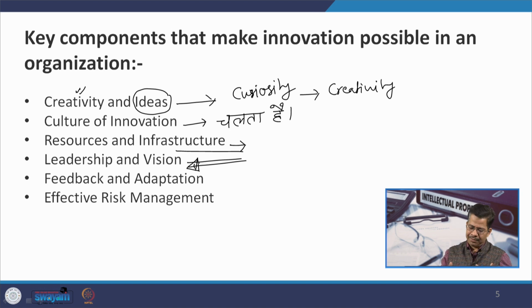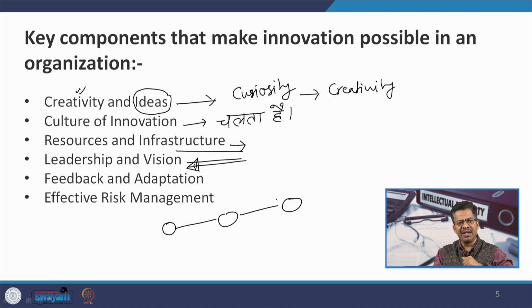Regular feedback. Innovation is not a linear process, it is an iterative process. So, what is the mechanism of feedback? You cannot go in a straight line in the process of innovation.